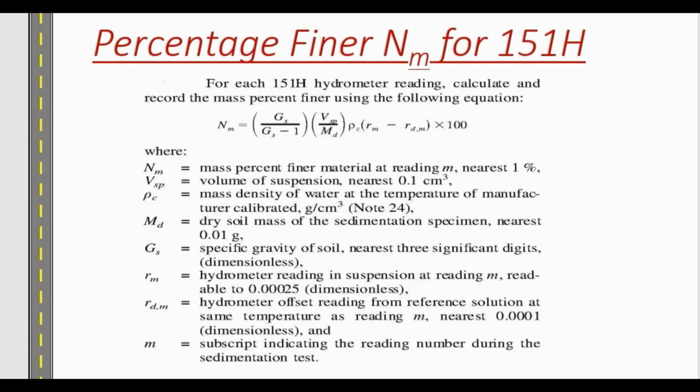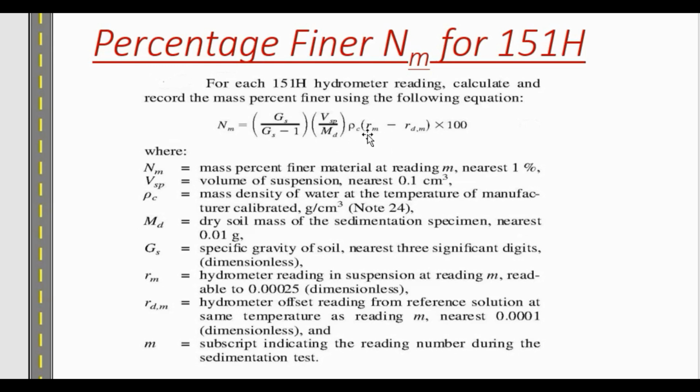Percentage finer for 151H. As earlier we discussed the temperature density correction, we have to find out the percentage of our particles passing, that is N, denoted as mass percentage finer. Gs is the specific gravity of soil, Vs is the volume of our hydrometer cylinder or our sedimentation cylinder, that is up to 1000 ml, Md is the mass of dry soil that we have to calculate by moist mass method in the first sample, first equation.